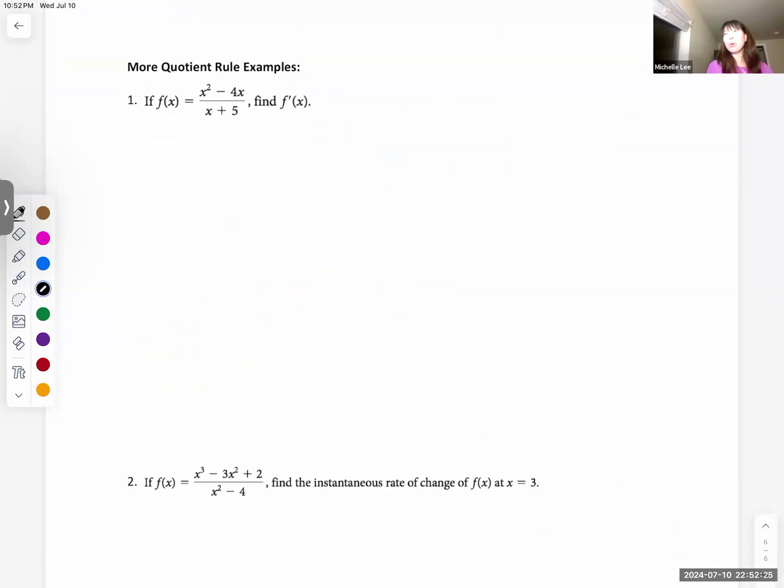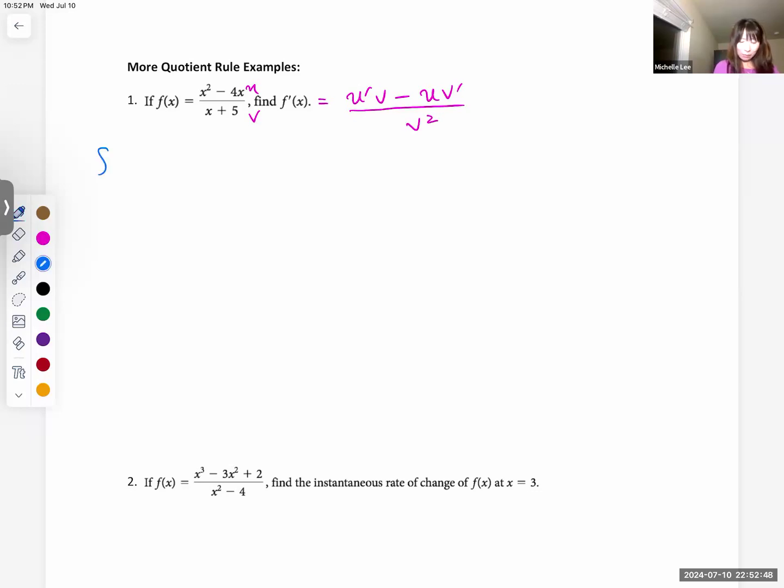So we have more quotient rule examples. This is u, this is v, right? Then there will be u prime v minus u v prime over v squared, be careful, v squared, yes?